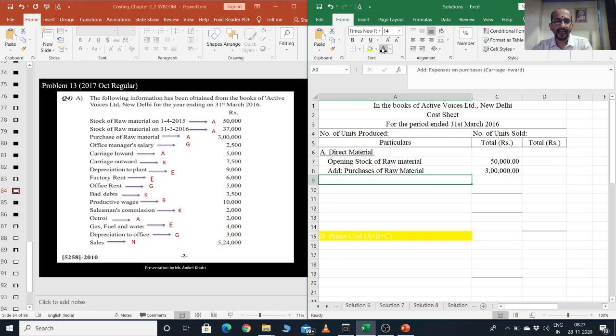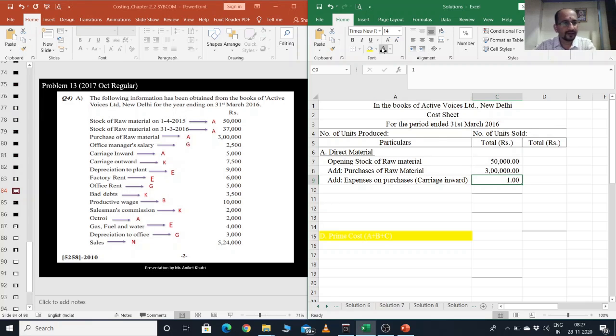Then we need to add the expenses on purchases, that is carriage inward, which is 5,000, right? So I'll just correct over here, 5,000.